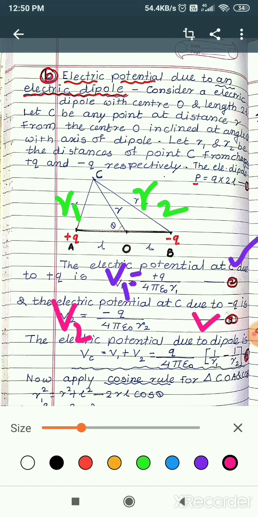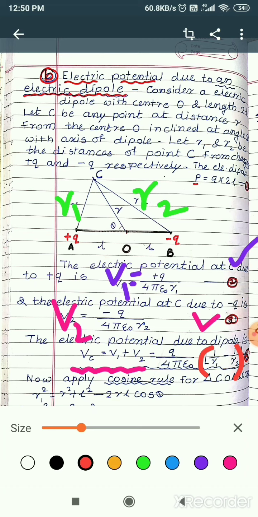And what is the effective potential at point C? Therefore, we add these two relations, equation number 2 and 3. When we add them, q upon 4 pi epsilon 0 is a common term, and in the bracket we get 1 upon r1 minus 1 upon r2.